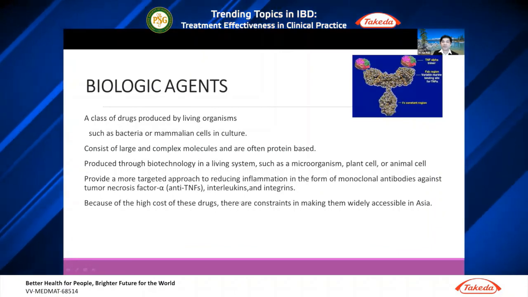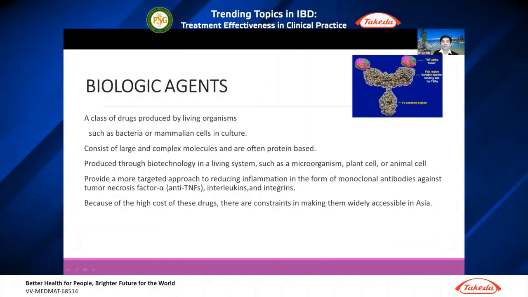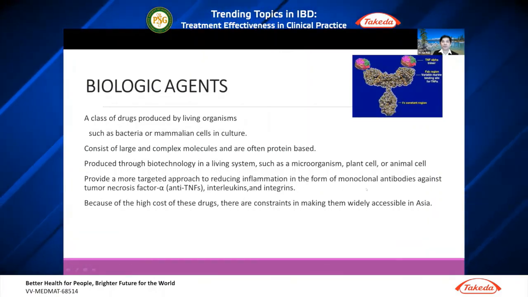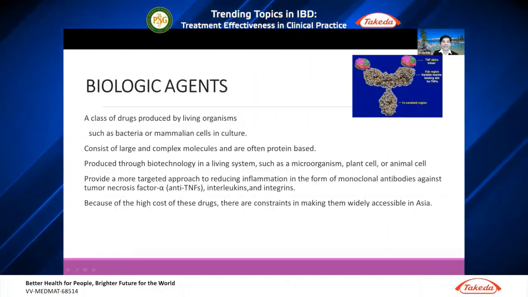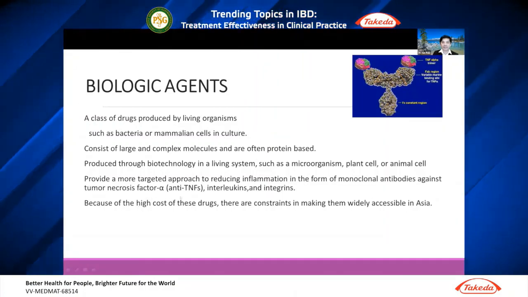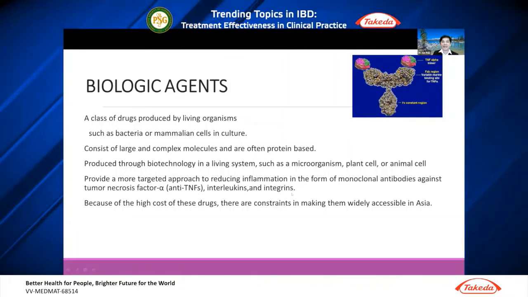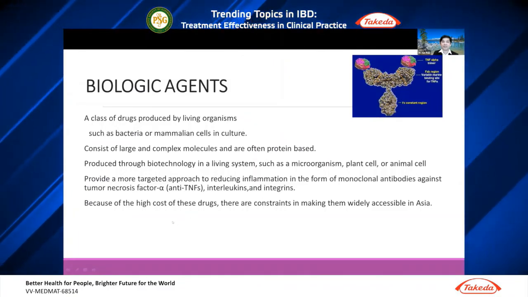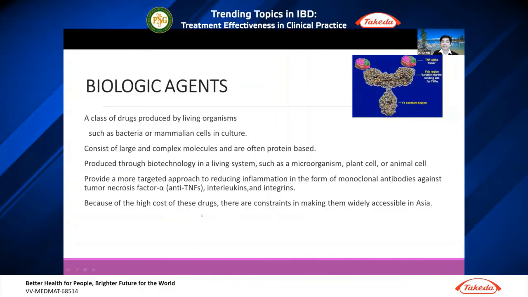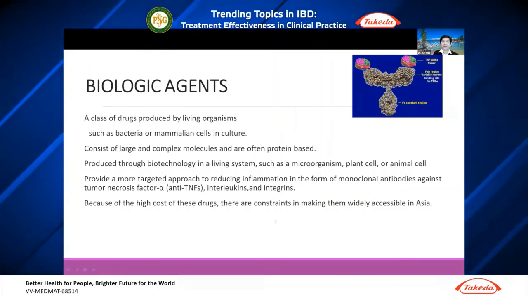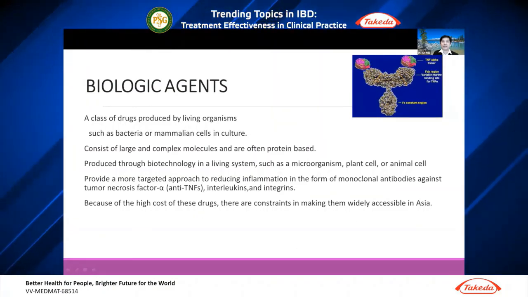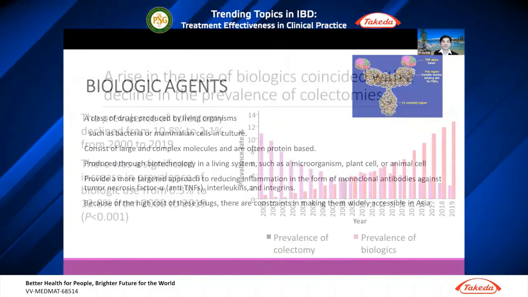It provides a more targeted approach to reducing inflammation in the form of monoclonal antibodies against tumor necrosis factor, interleukins, and anti-integrins. The problem is these drugs are very expensive. So there are constraints in making them widely accessible in Asia.